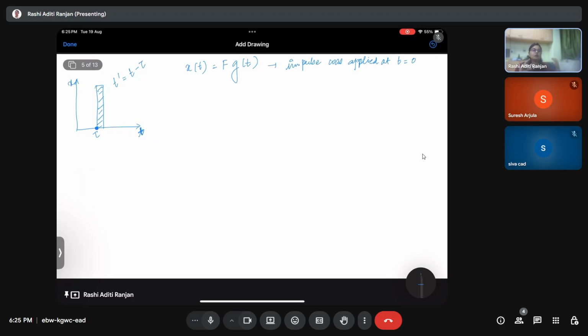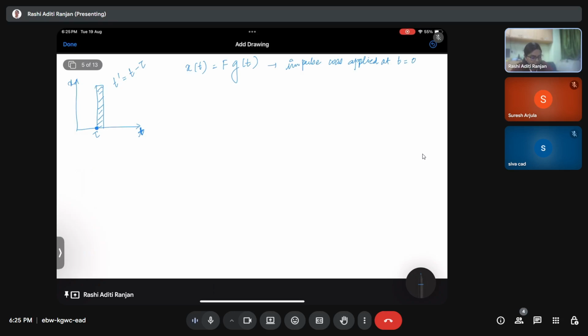Which is 0. Like for the previous case, we were finding the solution for 0. Now we want to find the solution such that the impulse is applied at tau. So for now, I'm going to change my time such that it becomes 0 at the point where the impulse is applied.